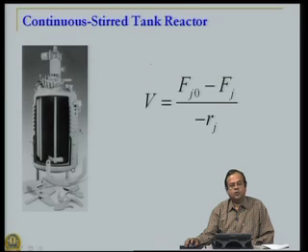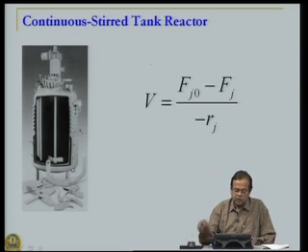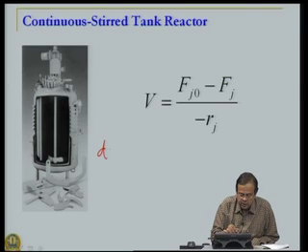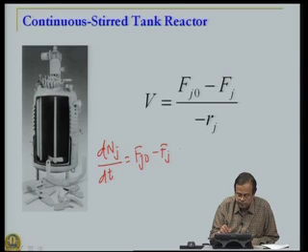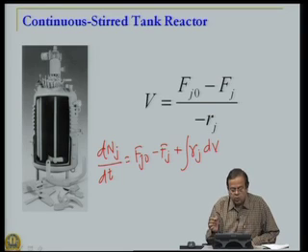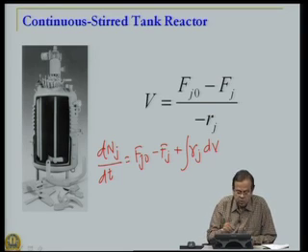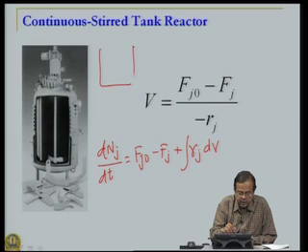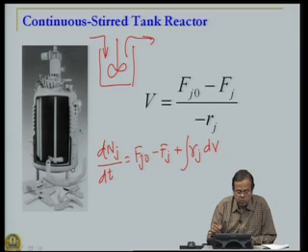Let us see what happens for a continuous stirred tank reactor operating at steady state, that means, when steady state is reached. So, once again, we are doing a steady state balance, and for a stirred tank reactor there is material coming in and material going out at these rates Fj0 and Fj.